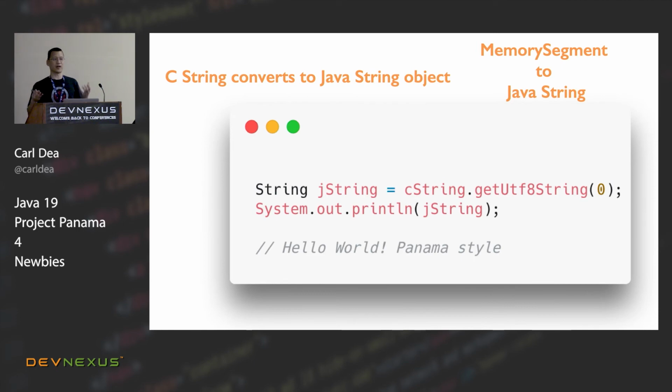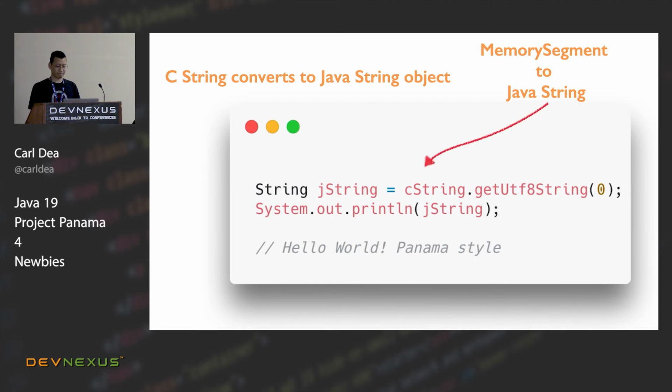Because you might be on something like a Raspberry Pi or a 32-bit operating system versus a 64-bit operating system. So here it's just a regular string used like in Java. So maybe some C function is returning some status in a C string and your application needs it as a Java string.